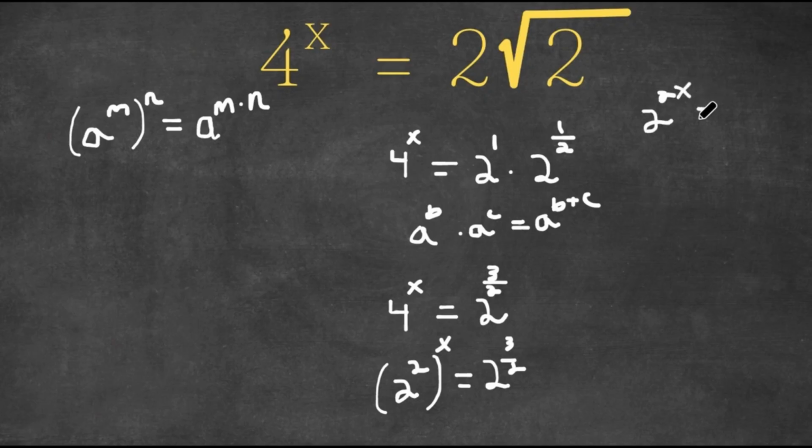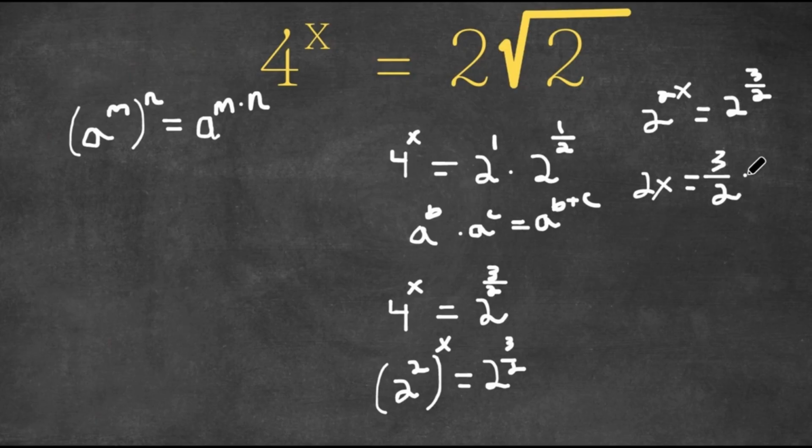And this is equal to 2 to the power of 3 over 2. Now, because our bases here are the same, our exponents here are the same as well, meaning 2x is equal to 3 over 2. And now, as you see, we have a simple equation.